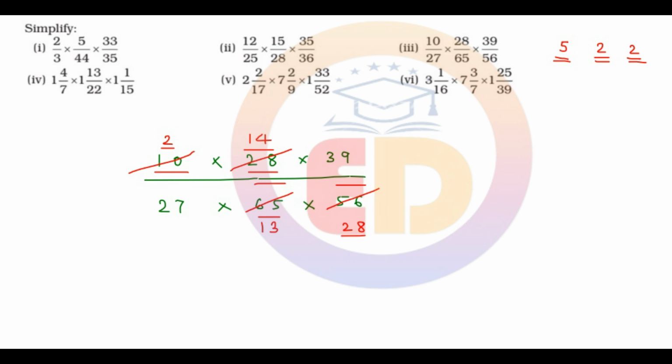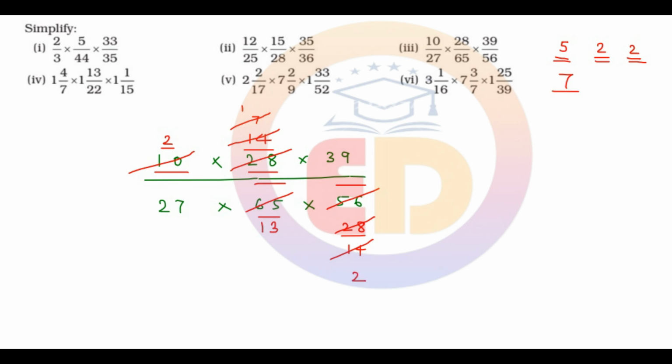This will be 2 sevens are 14 and this will be 2 14s are 28. So 28 divided by 2 will give me 14. Now both 7 and 14 are divisible by 7. So let's divide by 7 as 7 ones are 7, 7 twos are 14.